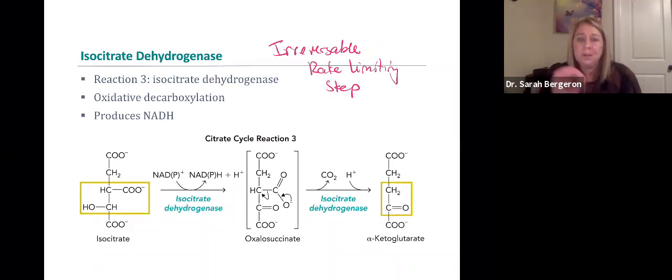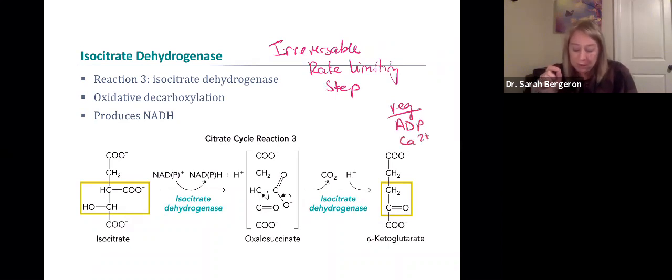And so this is highly regulated. This step is a very highly regulated step. And so if we look, we're going to regulate this using ADP. We're going to regulate this using calcium, right? ATP is going to be a regulator.